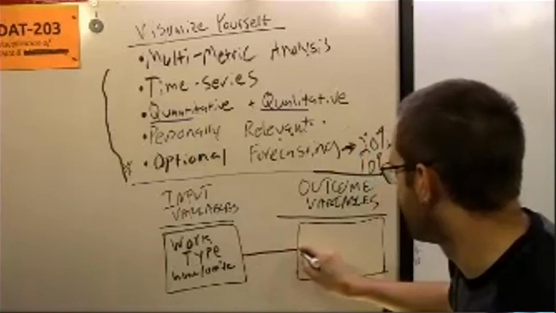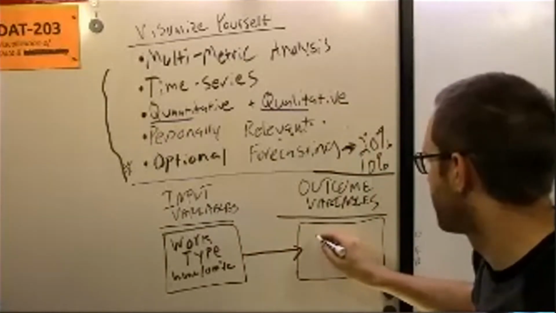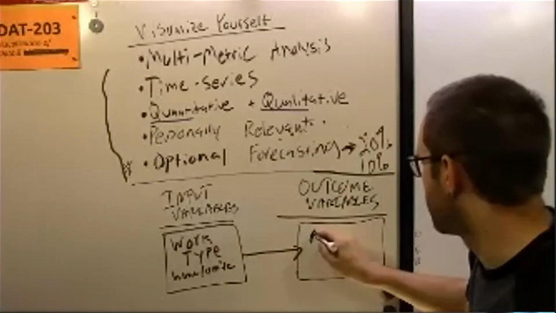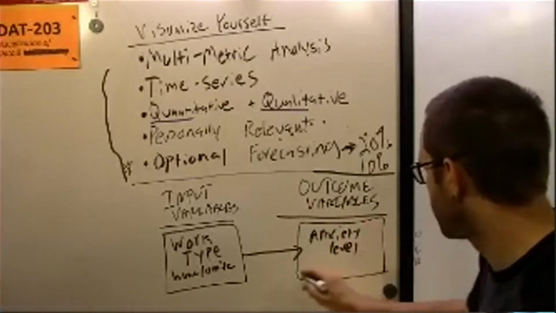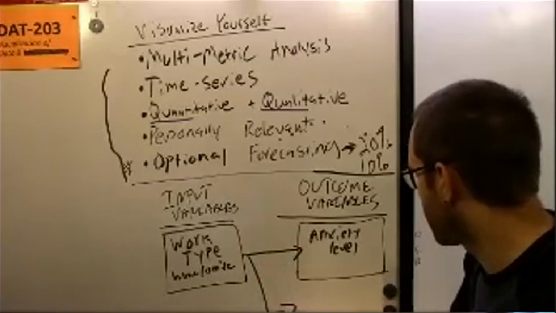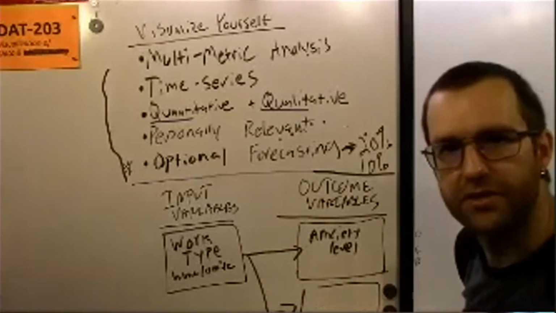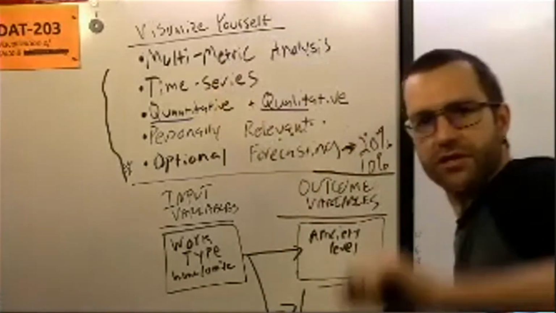And then maybe anxiety level could be 1, or like Natalie did last term, some sort of measure of task completion.